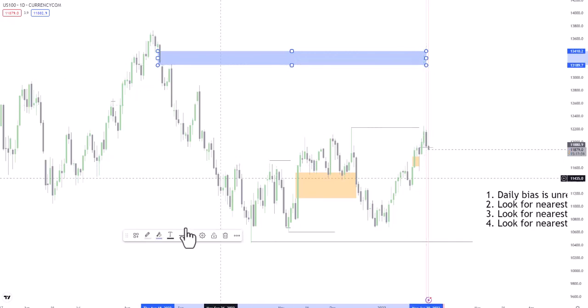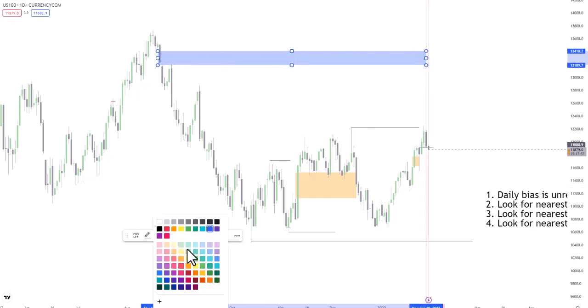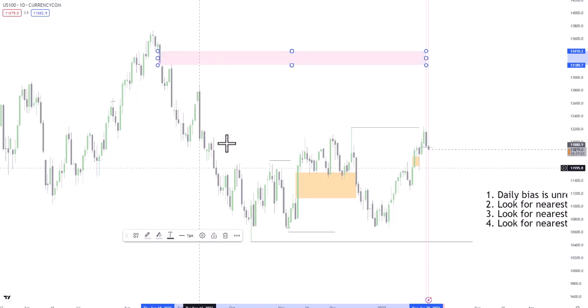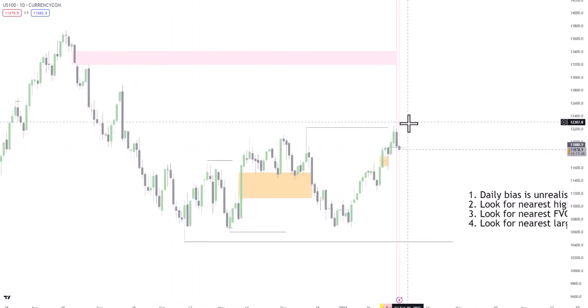I don't know how long price will do this, but what I was telling some guys on Twitter yesterday was that after price takes out BSL, buy side liquidity, or SSL, sell side liquidity, I don't try to predict or tell the chart what it should do exactly after that.